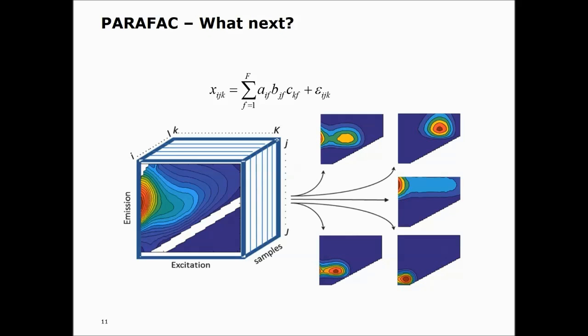What do these components tell me? And this is where the OpenFluor database comes into play, because it allows us directly, without further processing, to compare our own ParaFAC model to every single ParaFAC model that's in the database, and it allows us to then benefit from the previous knowledge of those studies that these models came from.